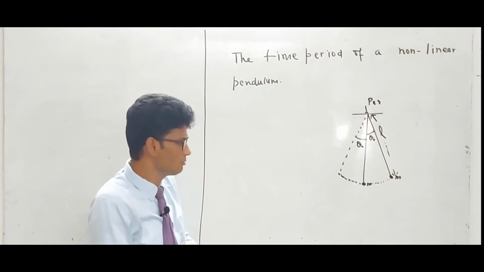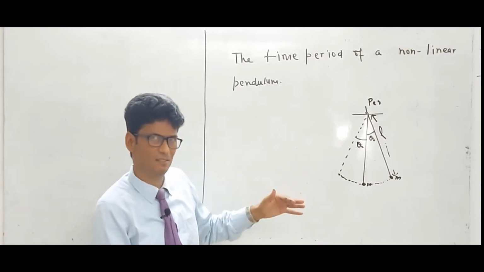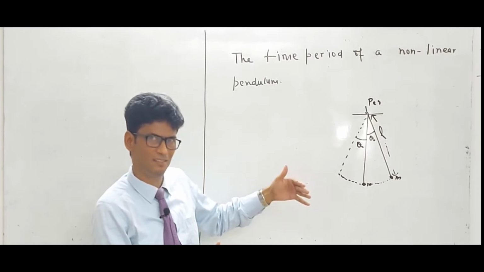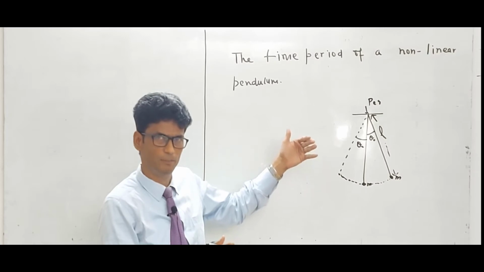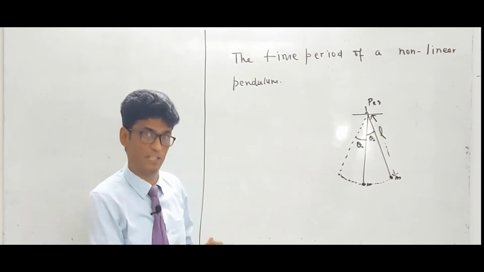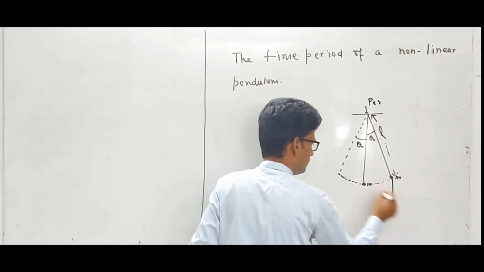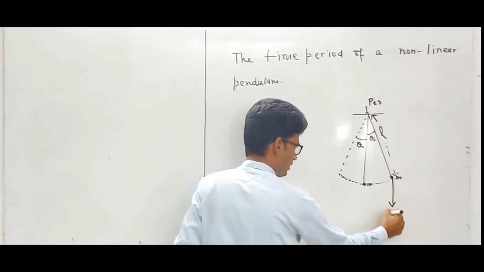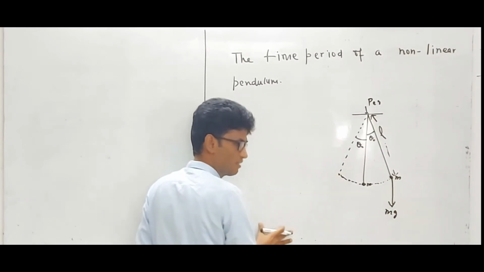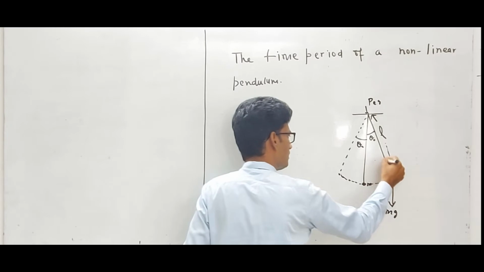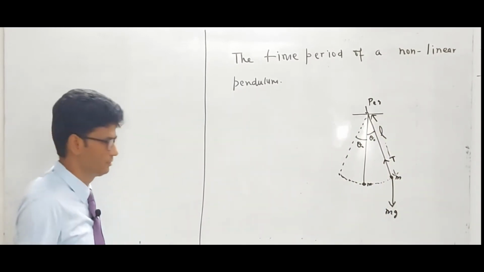So this is a slight shift here to make things easier, to make it convenient to understand the non-linear pendulum concept. That is why. So here is the mg. Here now we are showing it vertically, but in the other case toward the center because we made the earth like that. So here the tension always acts away from the body.